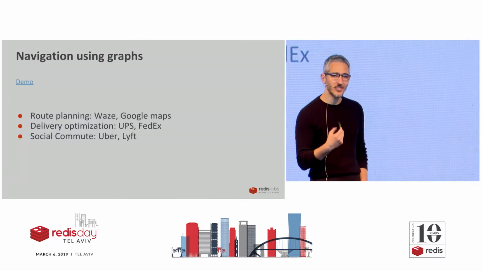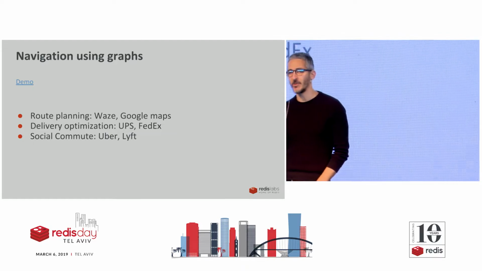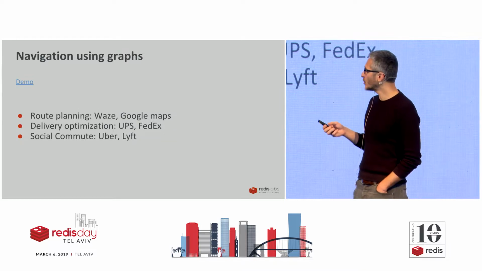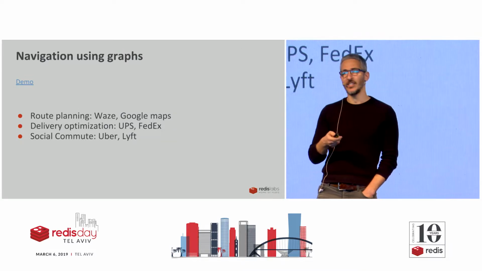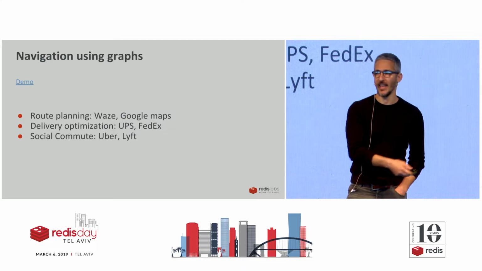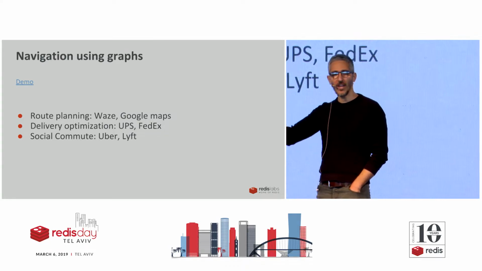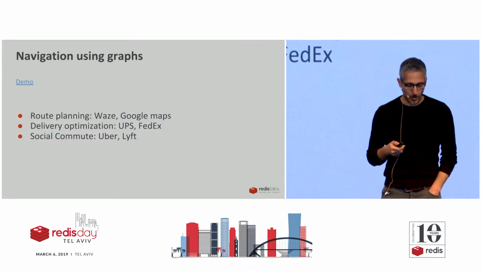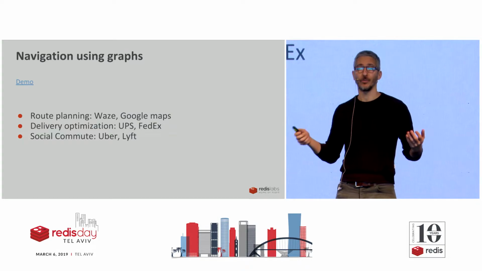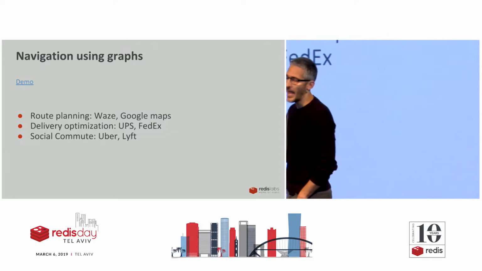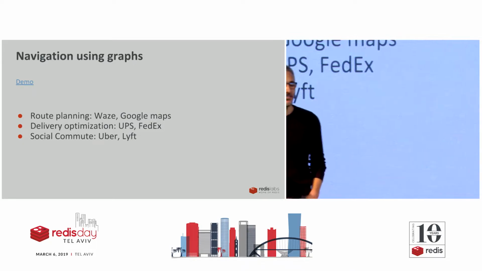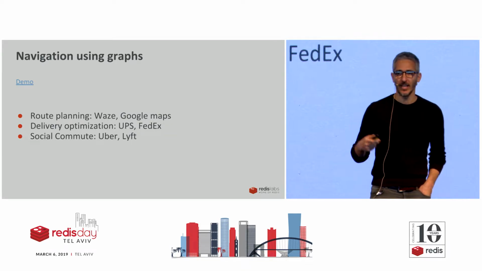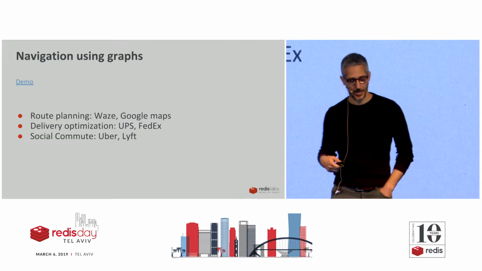So just a number of use cases where you will see graphs, specifically for the domain of transportation. The first one is, find me the cheapest path to go from point A to point B. Waze is doing it, Google Maps is doing it. The second example is delivery optimization. For example, Amazon, UPS, FedEx, they all build a route which is the most optimal route for their delivery guys to drop off their packages.